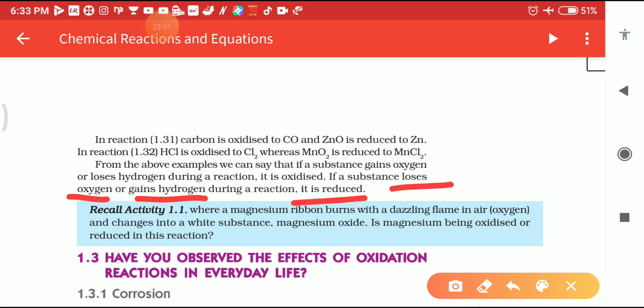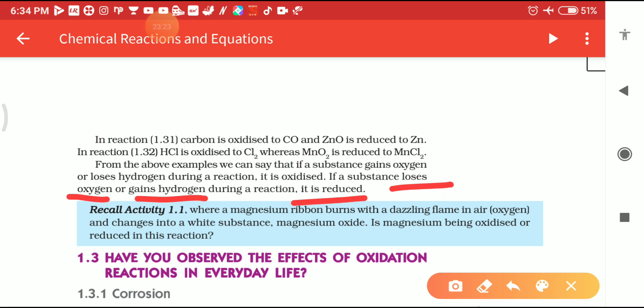Suppose I give you an example, manganese oxide. Manganese oxide is removing oxygen here, which means reduction takes place.